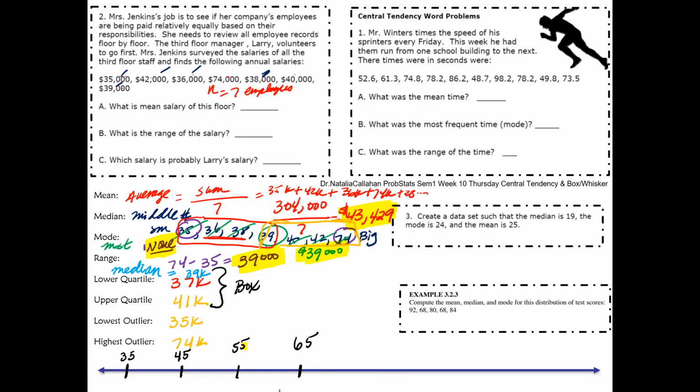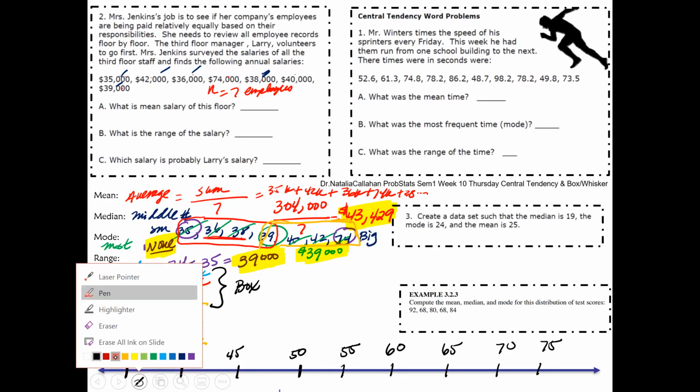Actually, I have plenty of space. So you know what? I'm going to go by 5s instead of 10s. Let's do 35, 40, 45, 50, 55, 60, 65, 70, 75.